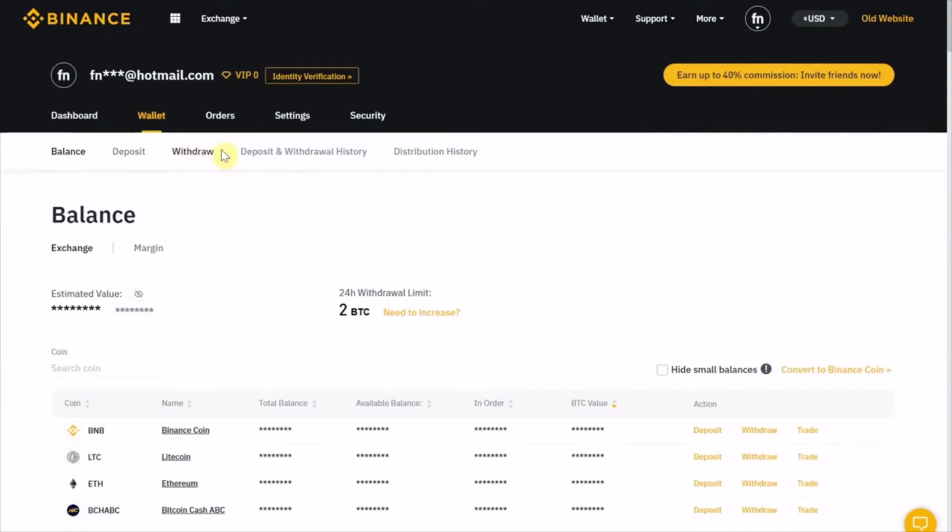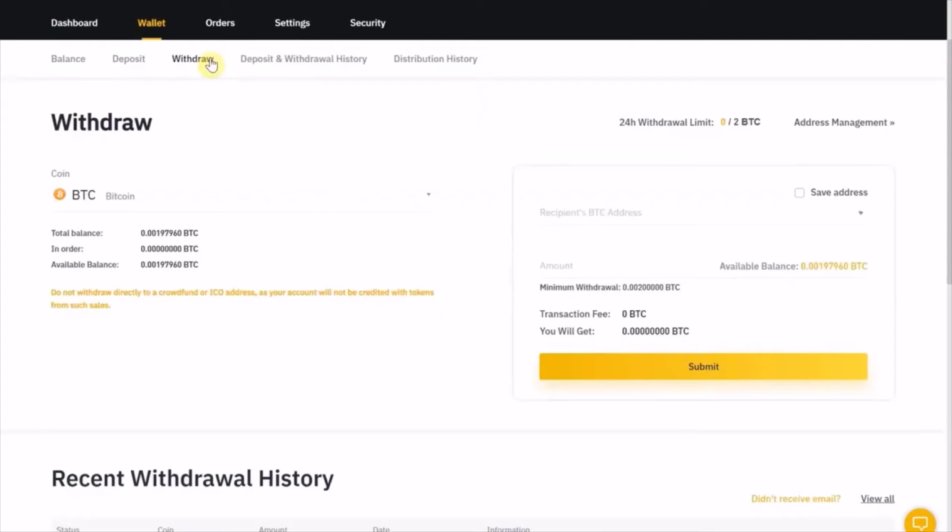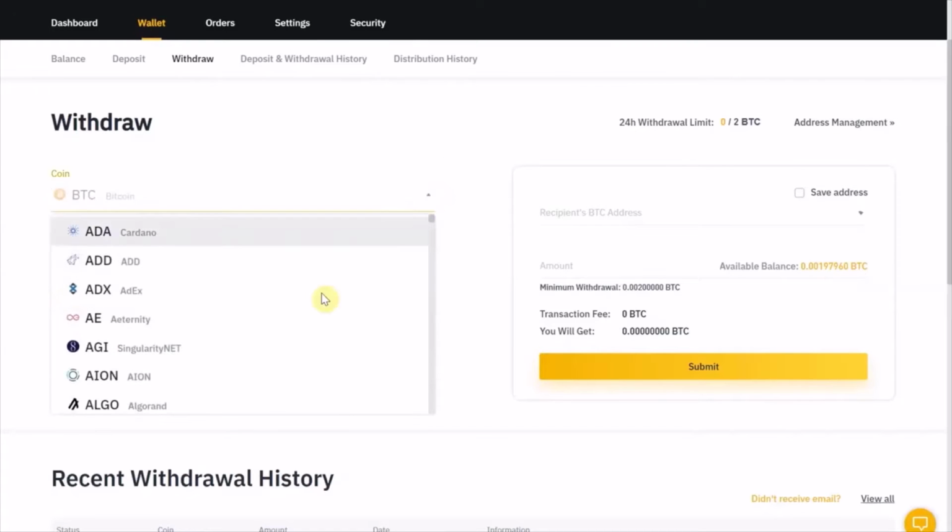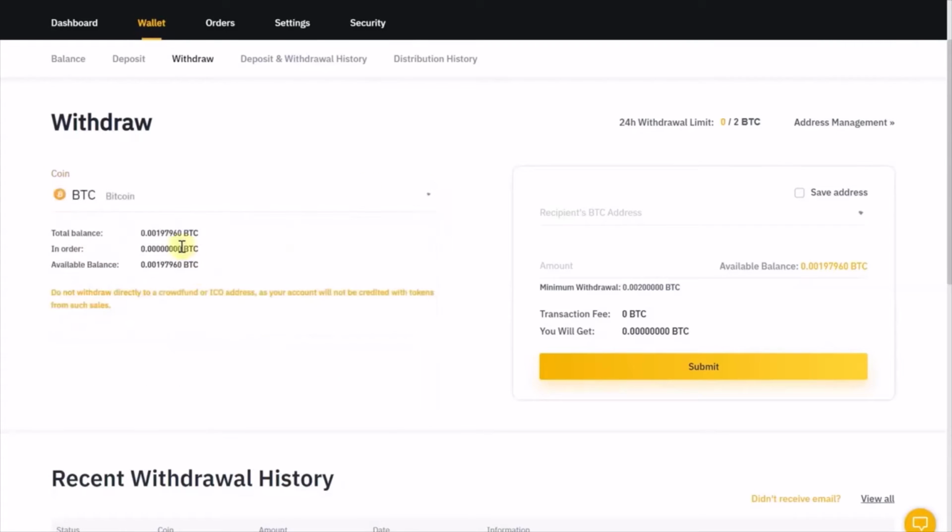If you ever want to withdraw money, this is where you would go. And in here, in the withdrawal page, you get to choose which coin you want to withdraw, and it will tell you what's your balance, how much you have in orders, and how much you can withdraw. So over here on this side, this is where you paste the address you want to send your BTC to.